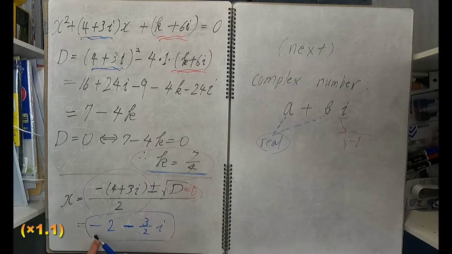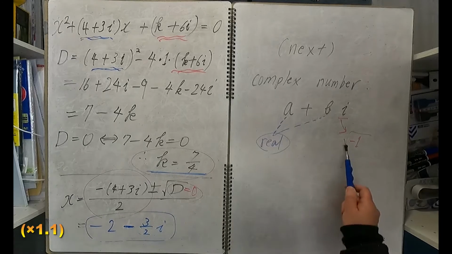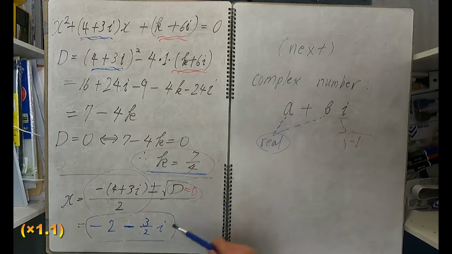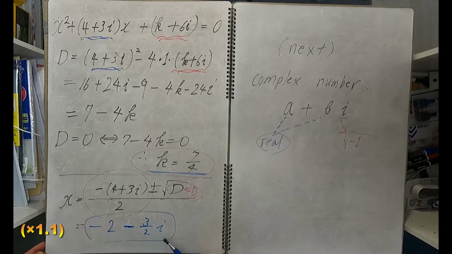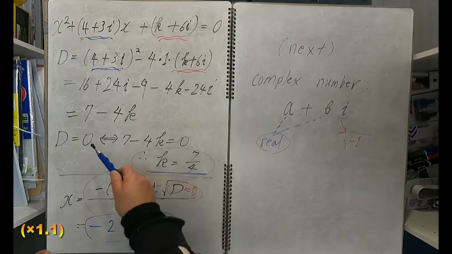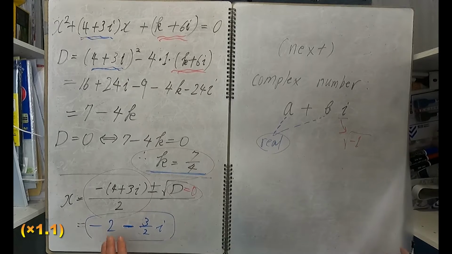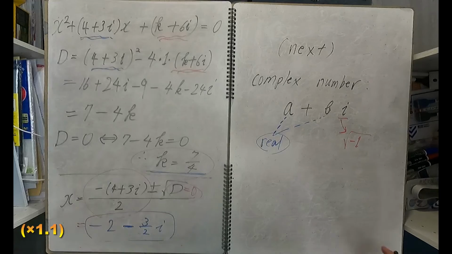It is minus 3/2 i. i is the square root of -1, okay? So in this problem, if d is 0, x has only one imaginary solution. So it fits the solution of this problem. It can be the answer.